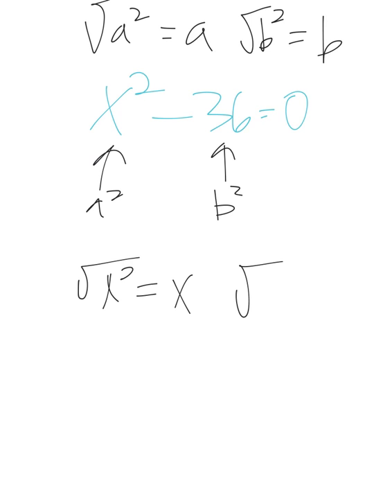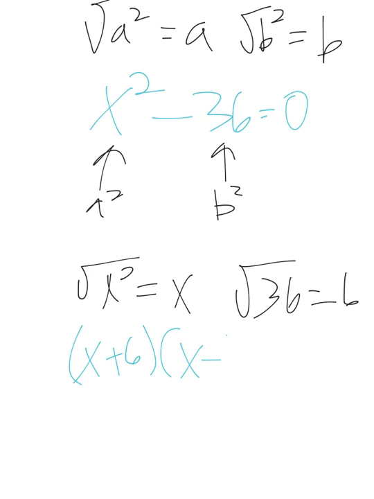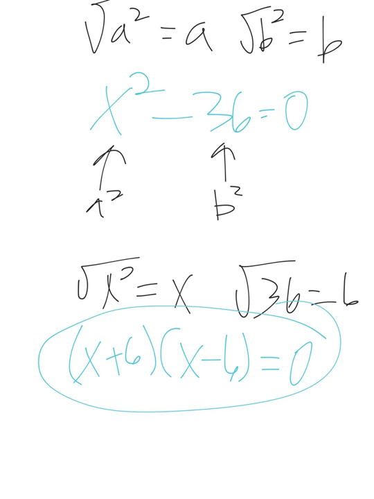And I know the square root of 36, ignore the minus, okay? It's called a difference of two squares because there's a subtraction symbol in between these two perfect squares. So I know the square root of 36 is 6. So my answer to x squared minus 36 is going to be x plus 6 times x minus 6 equals 0. All right? That's all there is to it.